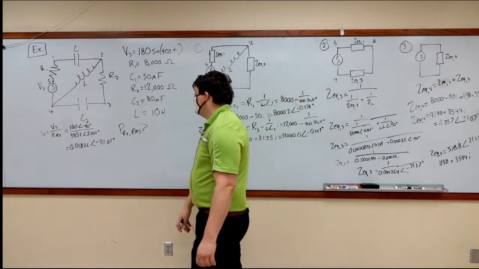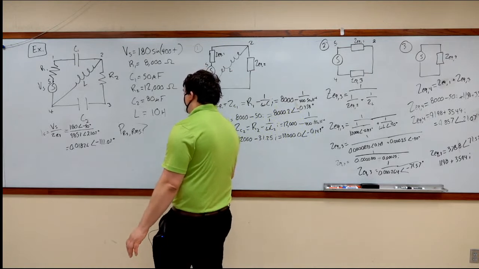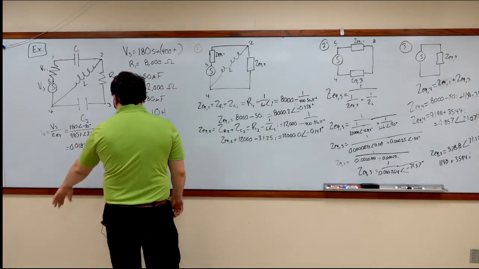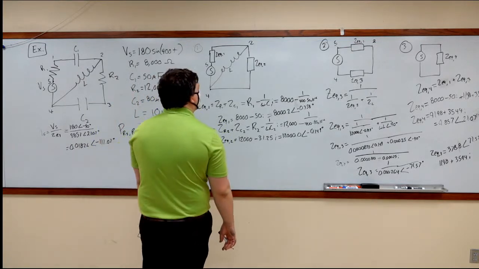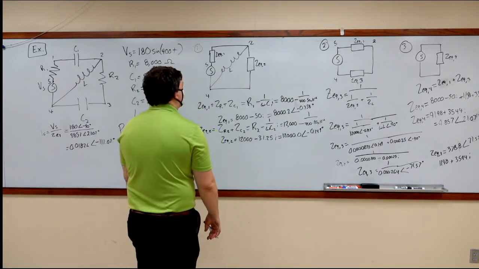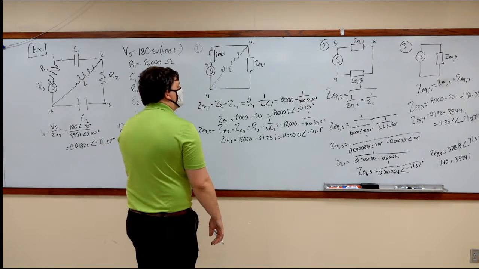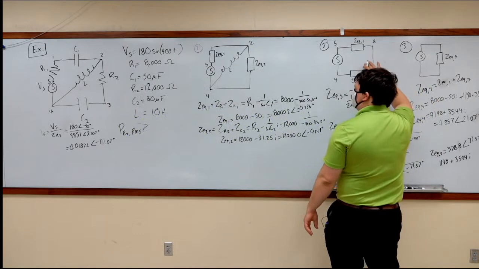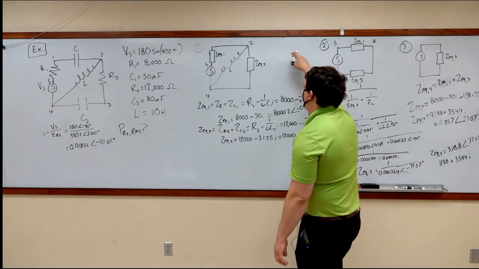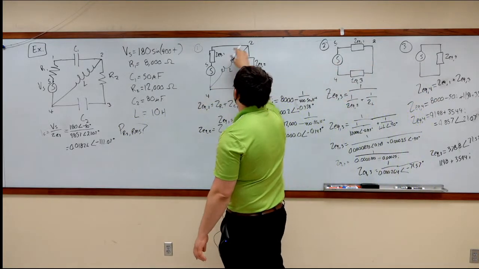Okay, now if we multiply IS by ZEQ3, we can figure out what the voltage is between 2 and 4.